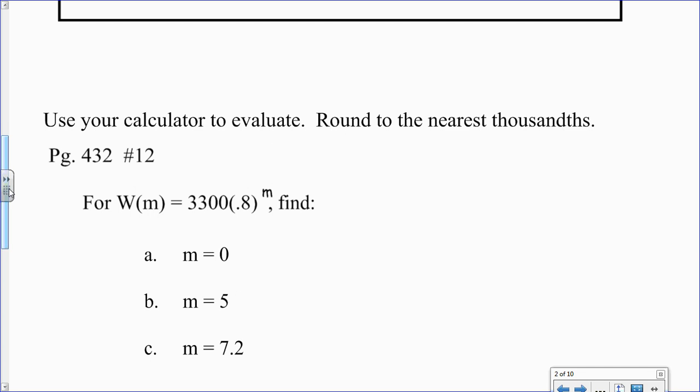So on your quiz and test for this chapter, there will be a calculator and no calculator part. Obviously, if it says use your calculator to evaluate, that would be on the calculator part. Okay? Round to the nearest thousandth. So pay attention to how you're supposed to round. Thousandths, that would be your third decimal place.